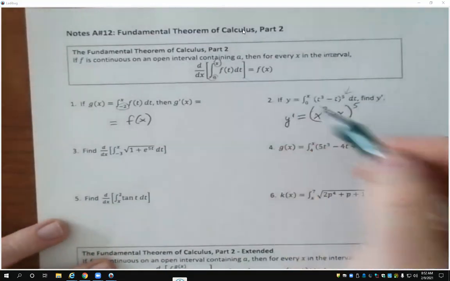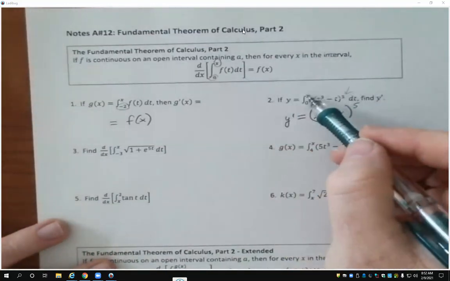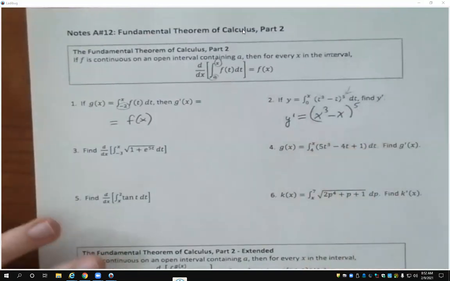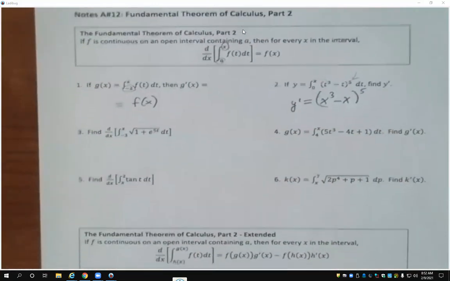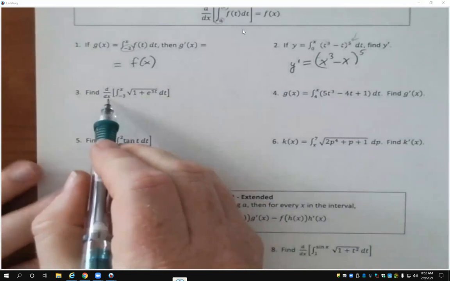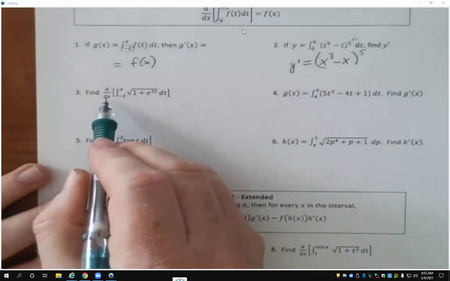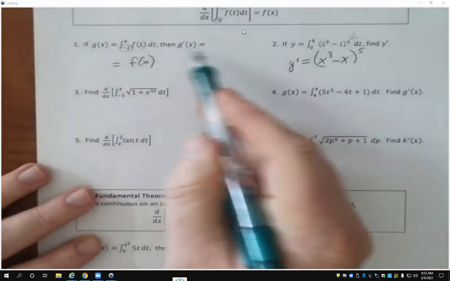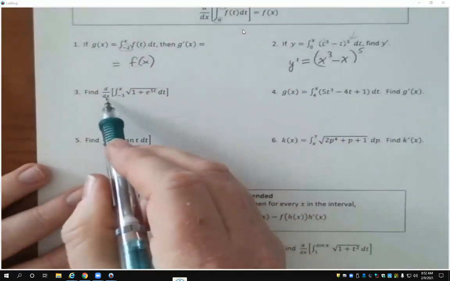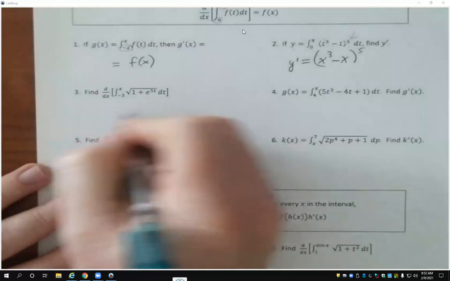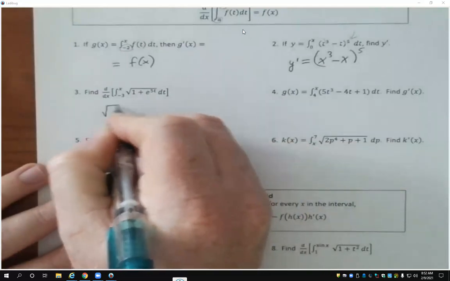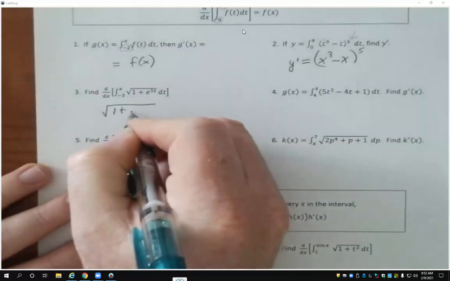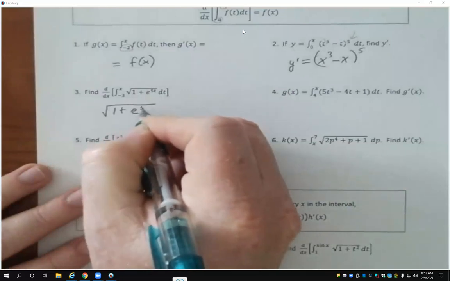Now we know that the fundamental theorem of calculus part 2 says just plug an x in for all your t's. Okay, so we get to number 3. And it's just saying the derivative of the antiderivative. Instead of saying find g prime, we're just saying take the derivative of the antiderivative, which means plug an x in, we get the square root of 1 plus e to the 5x.